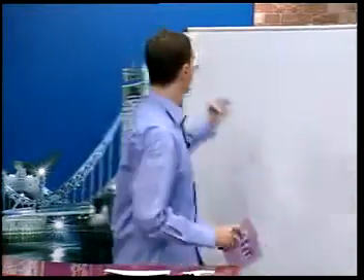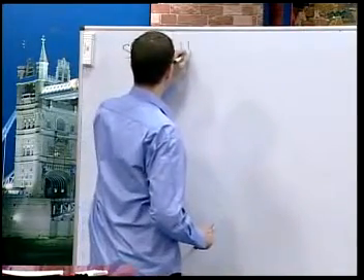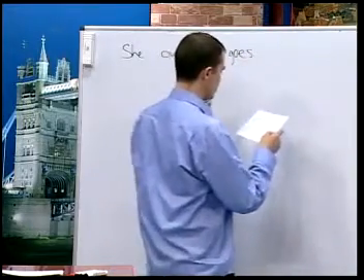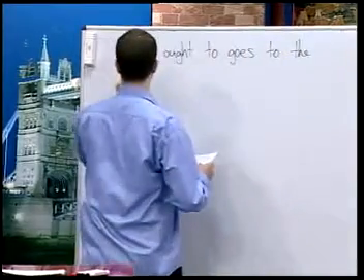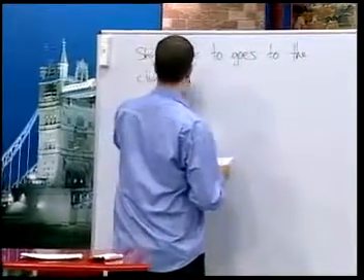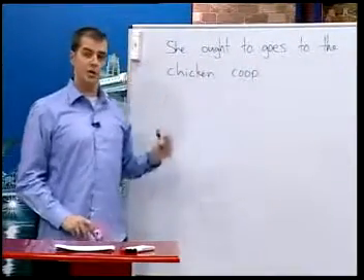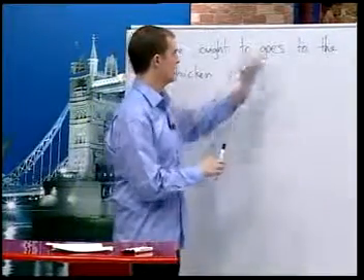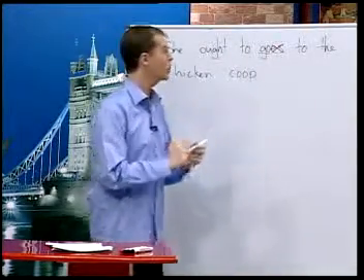For example, "She ought to goes to the chicken coop" is of course wrong because this is not a simple form of the verb. Just go. She ought to go to the chicken coop.